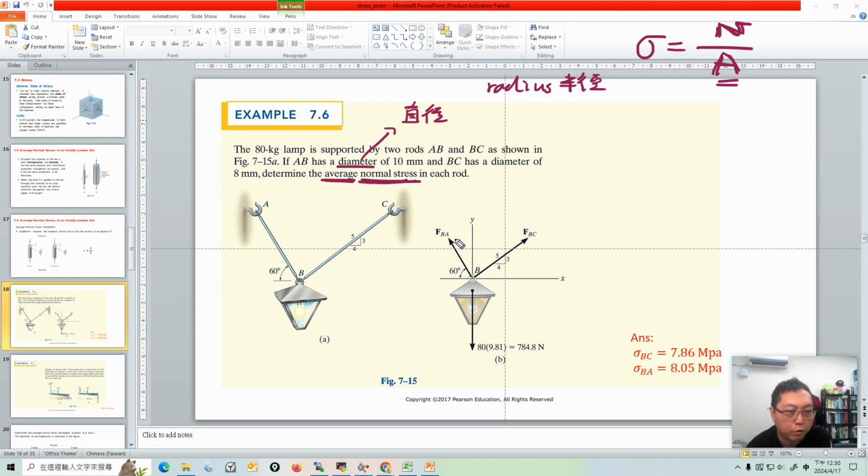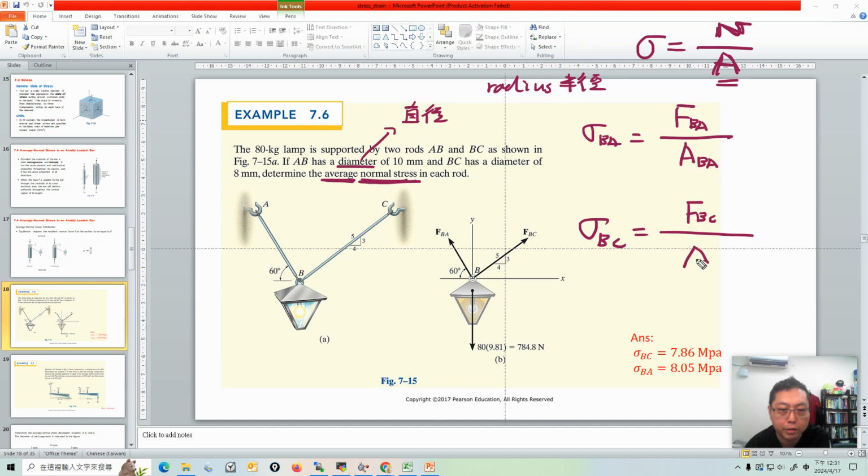You want to calculate sigma BA and sigma BC. With the definition of the normal stress, we need to know FBA and also FBC, and FBA you must divide by ABA, and this is ABC.